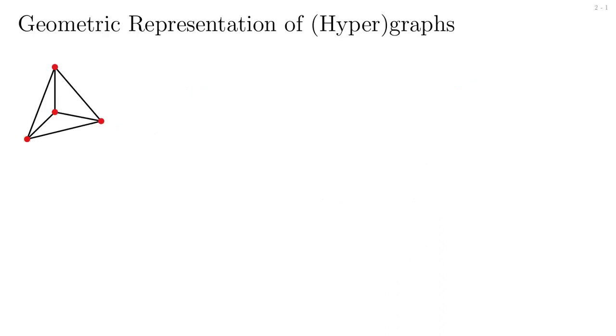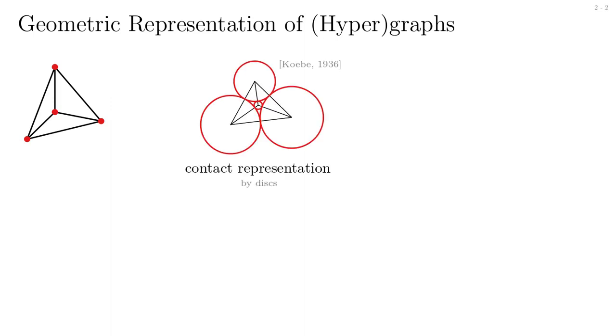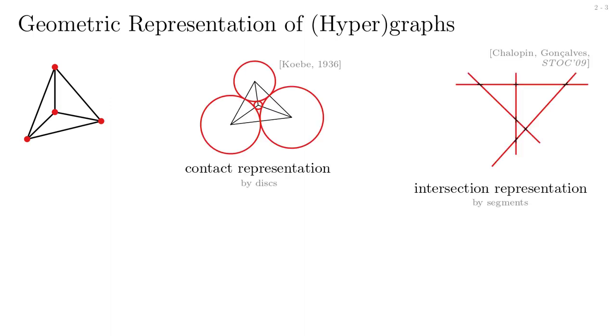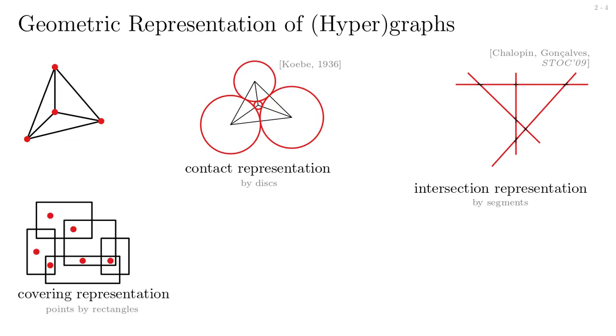I will start with a well-known topic of the research, namely geometric representation of graphs and hypergraphs. There are different types of how to represent graphs or hypergraphs. For example, contact representation, or intersection representation, or covering representation. We focused exactly on the third type of representation.